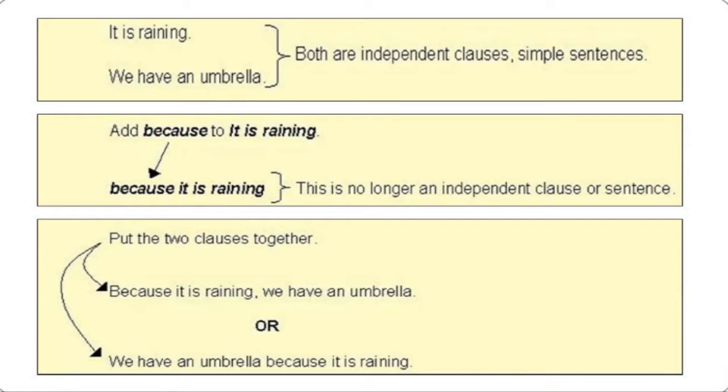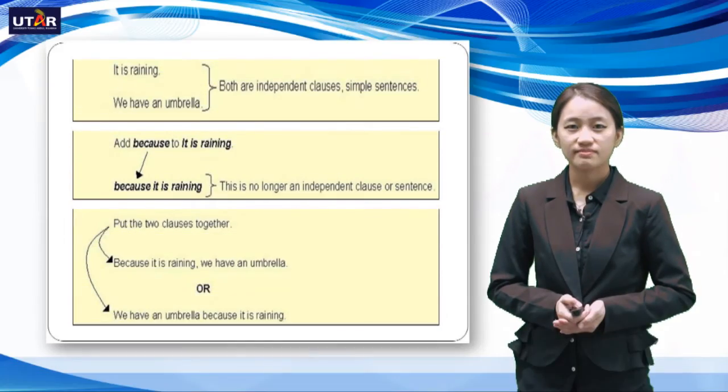However, if you start with the independent clause, in this case, we have an umbrella, you do not need a comma after it. So we have an umbrella because it is raining. So, as I said, a subordinating conjunction may appear at the beginning of a sentence or between two clauses in a sentence. Thank you.